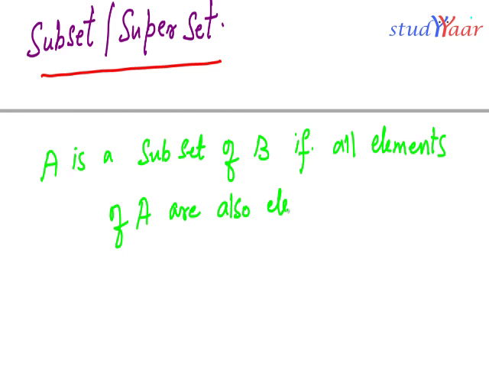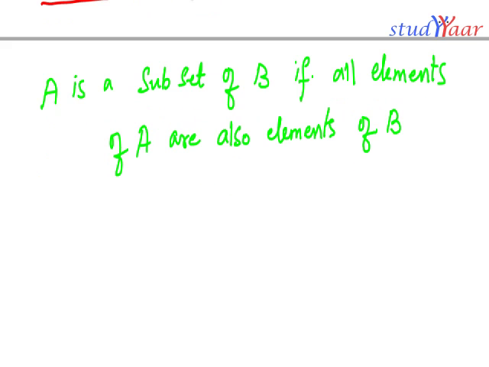If I have to write it using predicate logic, I am going to say that for all x, if x is an element of A, then it implies that x is an element of B as well.